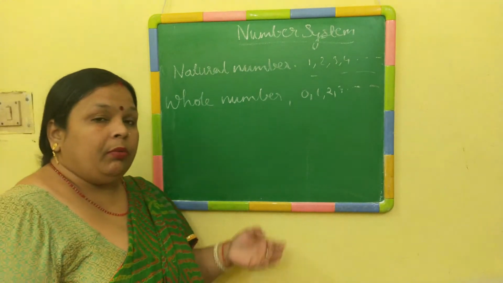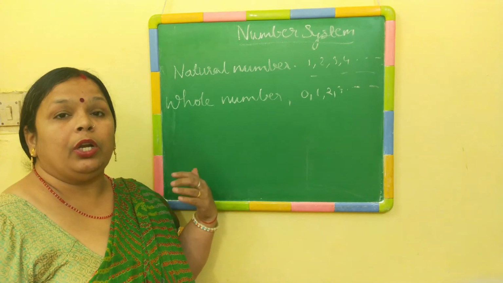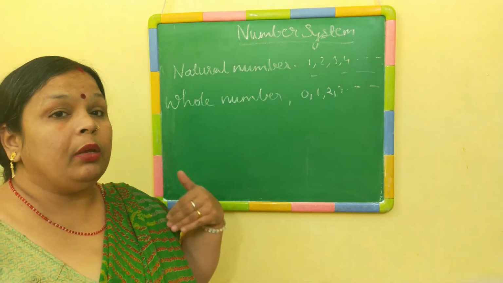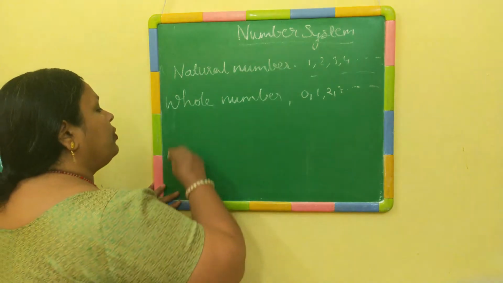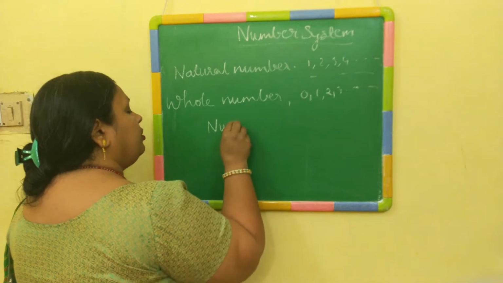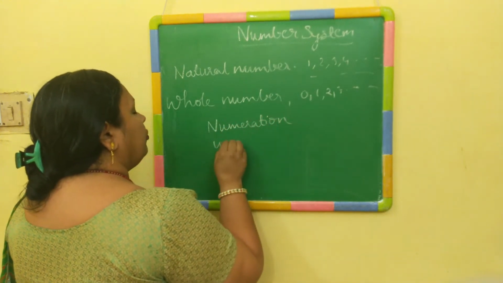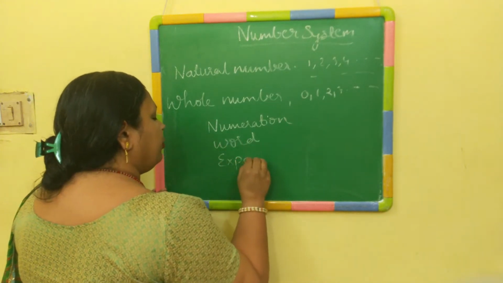When the numbers were invented, for larger numbers we also followed a table called the Indian place value chart. The numbers were represented in 3 forms: first the numeral form, then the word form and the expanded form.